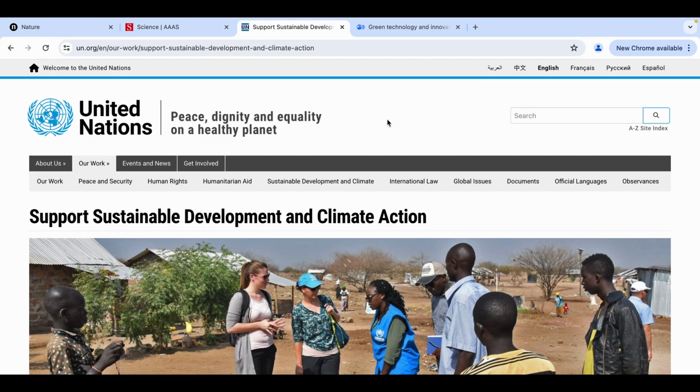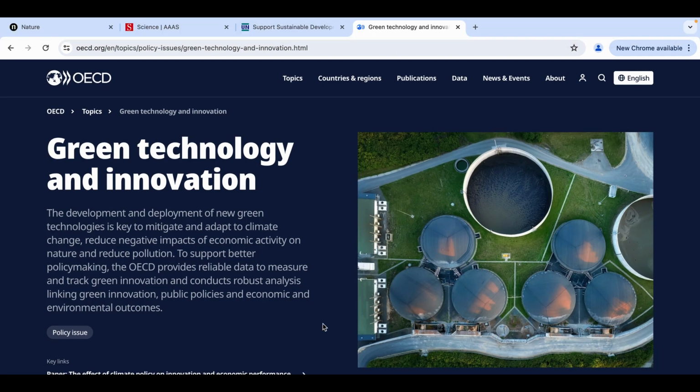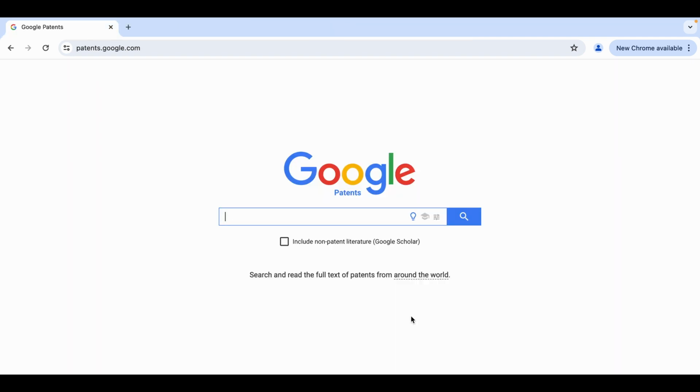It's important to stay up to date on topics and know the latest interests, developments, trends, and more related to your area of interest. Google Patents can be a good platform too to discover patents related to inventions, technologies, and innovations.